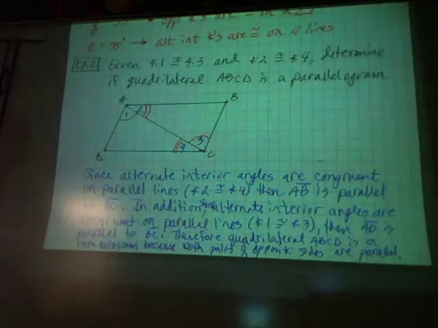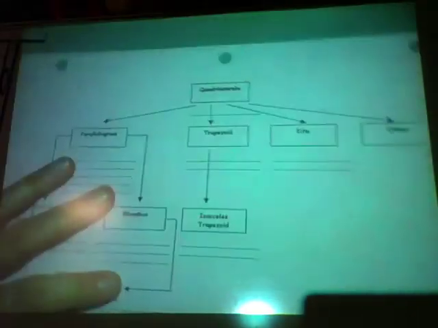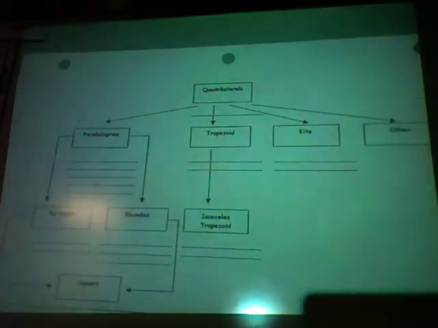So then take out your pink sheet that I just gave you. We're going to summarize all of this by writing down what we've learned today. Alright, so starting with quadrilaterals, what have you learned about a quadrilateral?